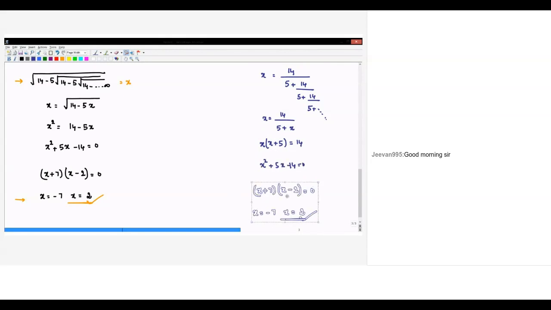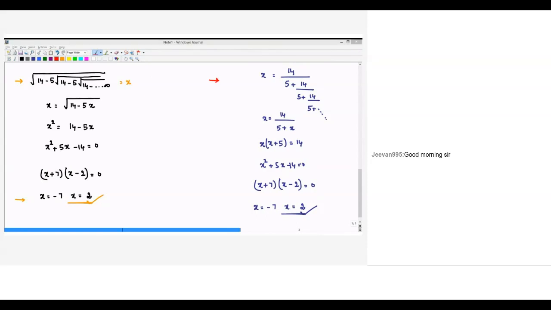They may give it in both ways, either the first one or else the second one. In whichever way they give it, you have to do it. So for repeated roots, convert it into a quadratic equation. After solving the quadratic equation, choose the positive root.